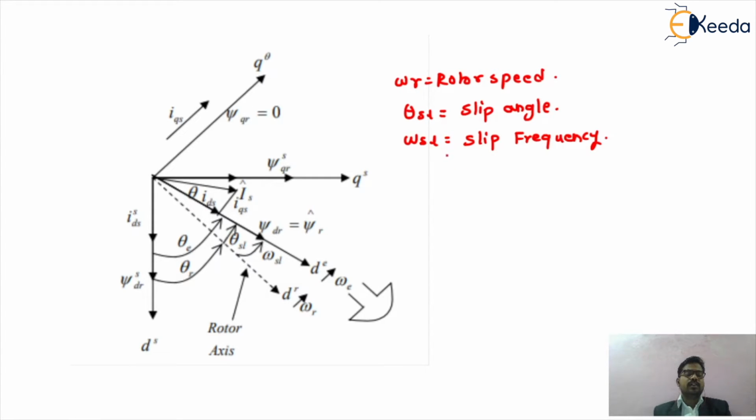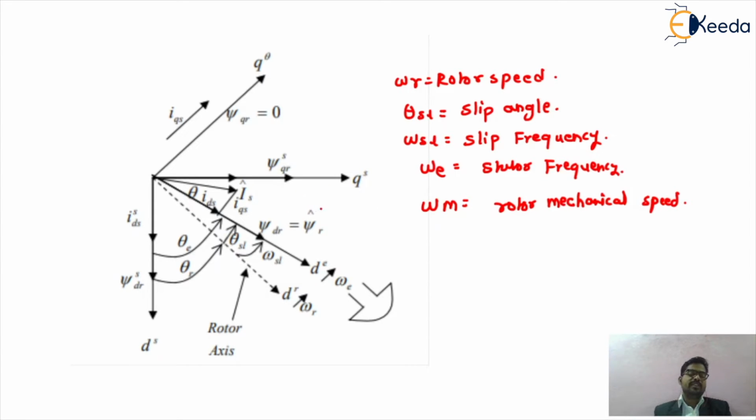Next, omega E is the stator frequency. Omega m is the rotor mechanical speed. We want to understand these terms first, and then we move towards the phasor diagram.